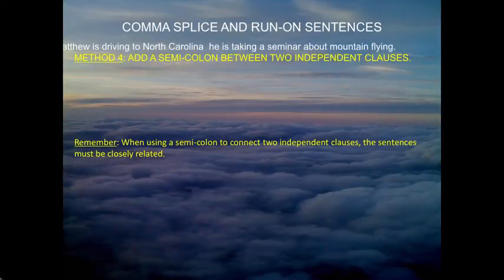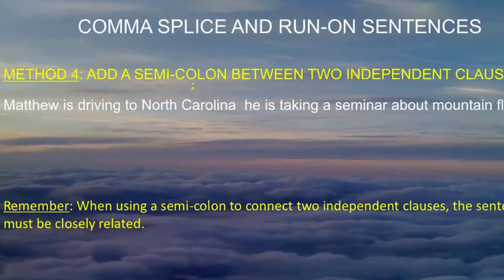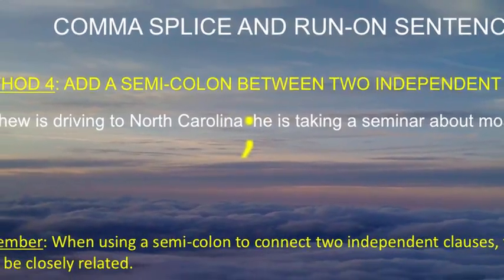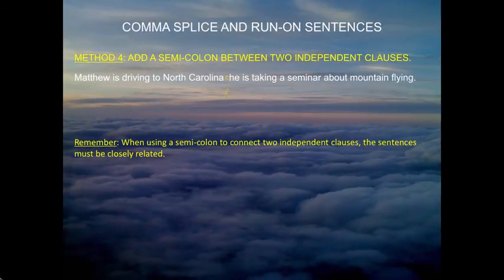For example, the sentence, "Matthew is driving to North Carolina; he is taking a seminar about mountain flying," has two independent clauses, or two complete sentences, connected with a semicolon, and they are closely related.